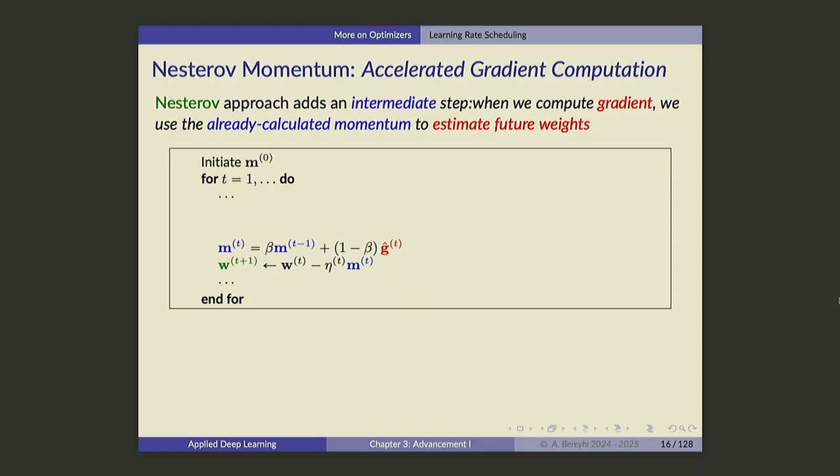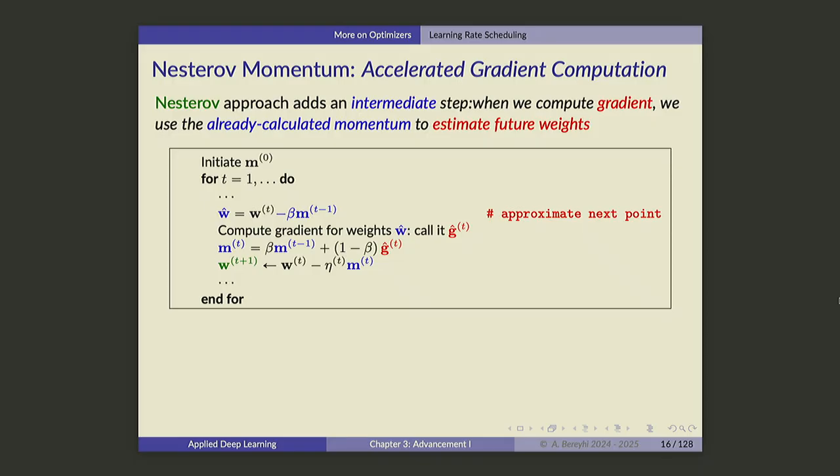So this is the only difference of the Nesterov. What Nesterov does is that before it goes for computing the gradient, it already updates the weights using this expression. So there is no backpropagation involved here, right? Because before you start doing your backpropagation, you already know the momentum of the previous time.